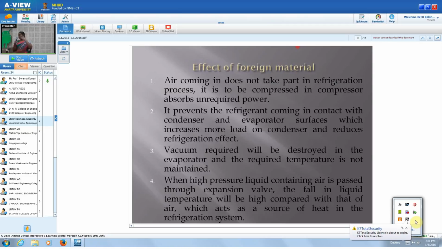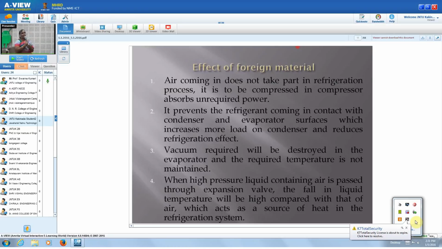Also in the condenser, condensation is not proper. So the work required will always be more, and the vacuum required, which is to be maintained in the evaporator and also in the condenser, will also be reduced.